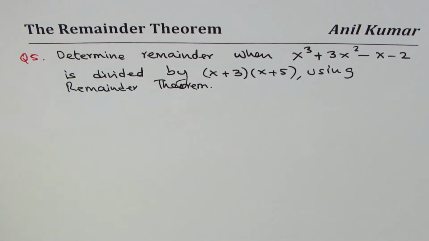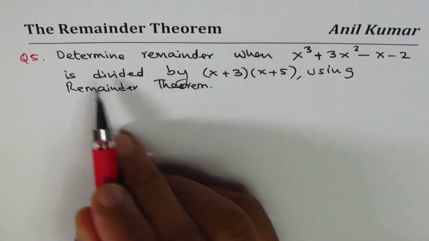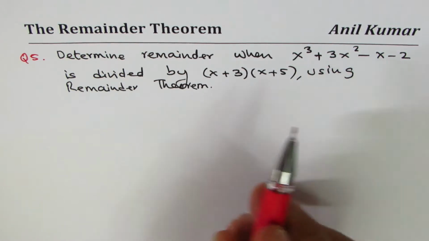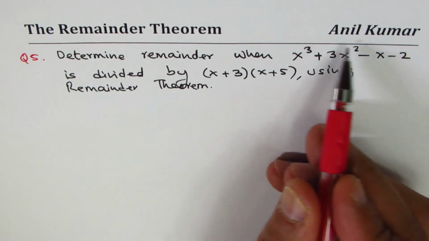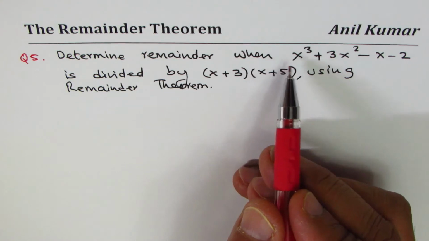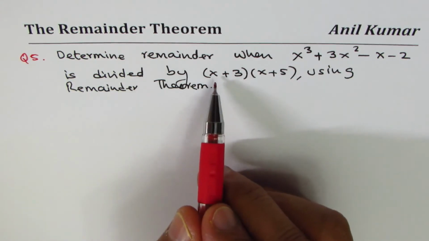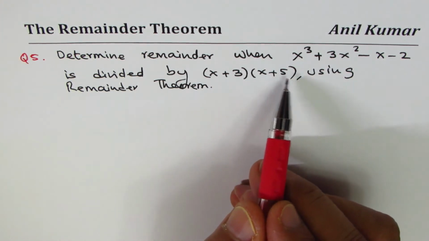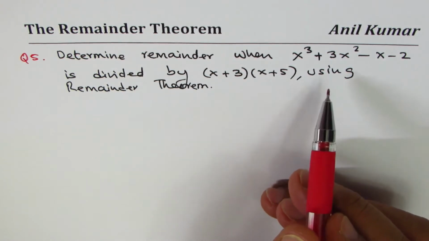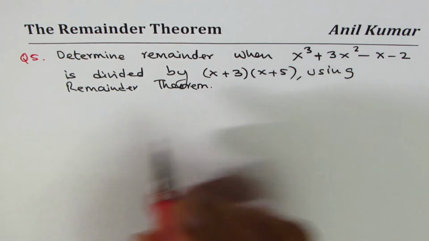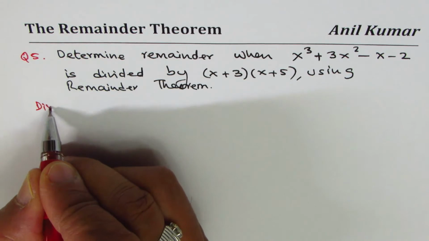Now here I'll show you a very important technique and also the application of the division statement. That is going to help us in solving this equation. So let us say when you divide this function f of x by x plus 3 and x plus 5, you get a quotient of q of x. So we can write the division statement.